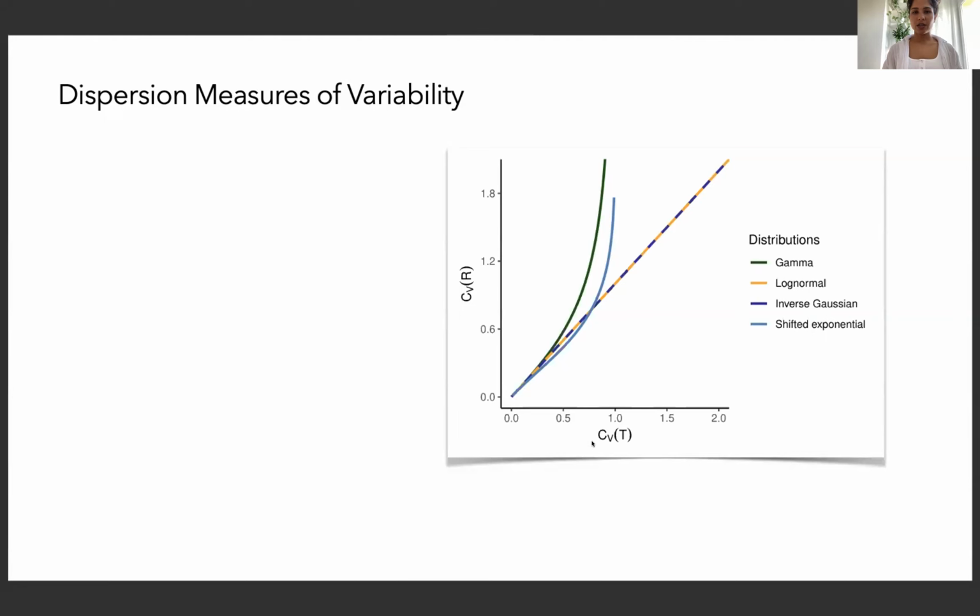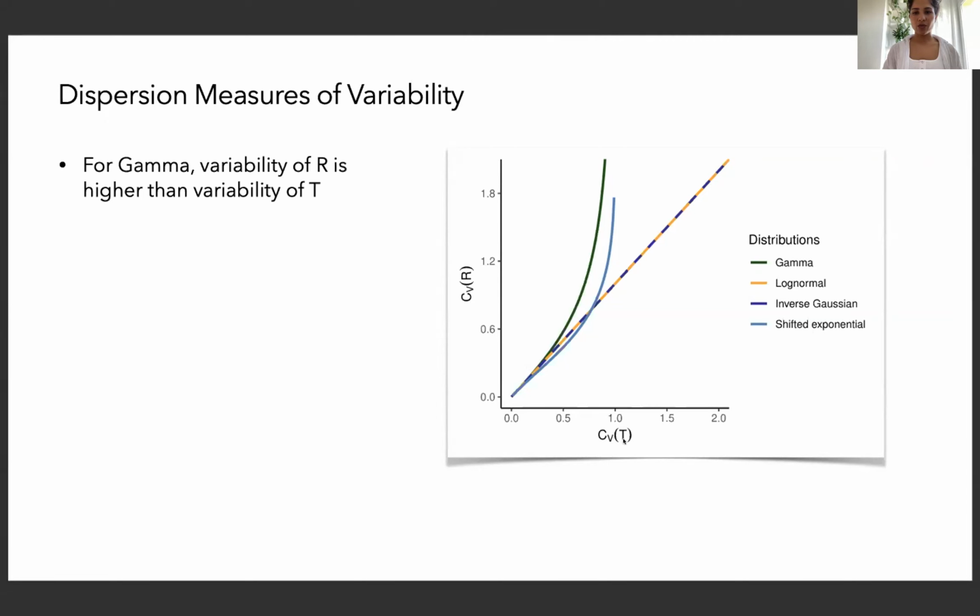We are looking at the coefficient of variation of the interspike interval here on the x-axis, and the coefficient of variation of the instantaneous rate here on the y-axis. Let's start with the gamma distribution. As you see here, the coefficient of variation of the instantaneous rate is higher than the coefficient of variation of the interspike interval.